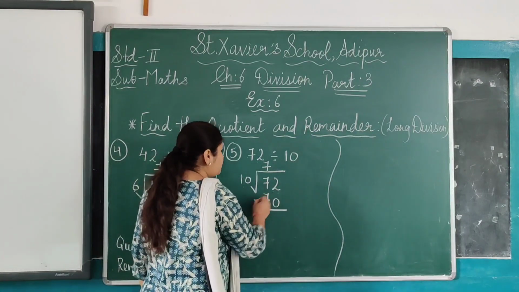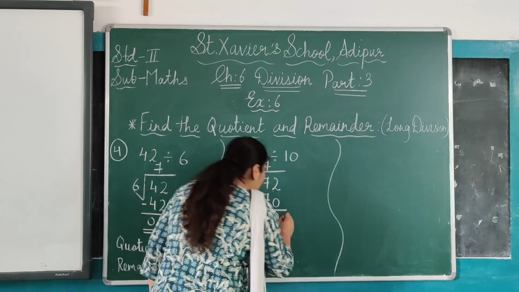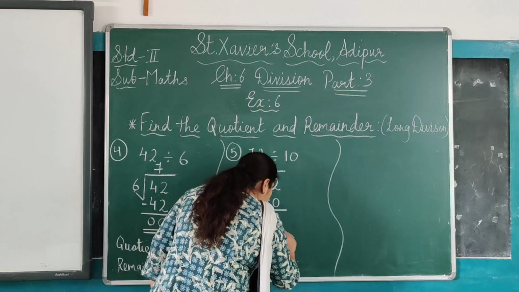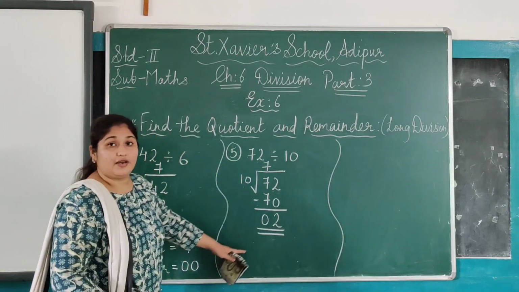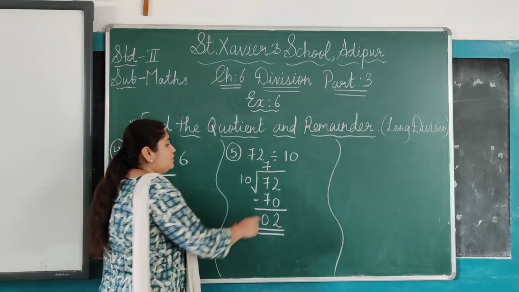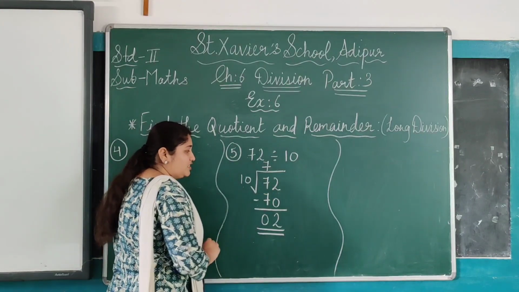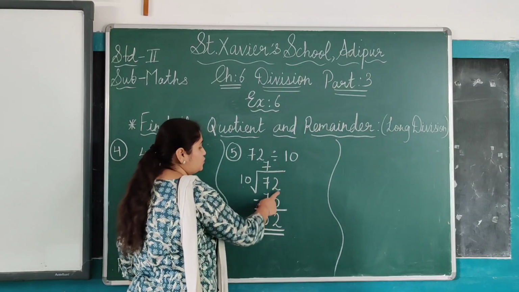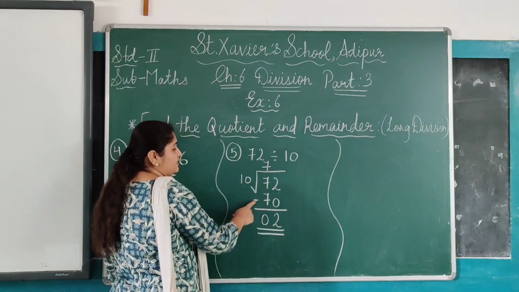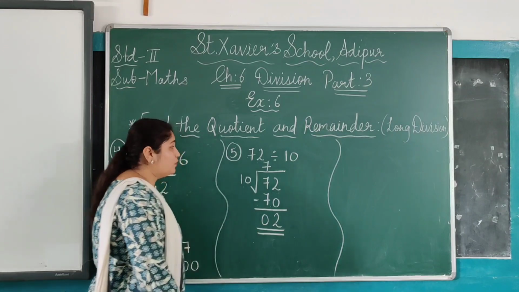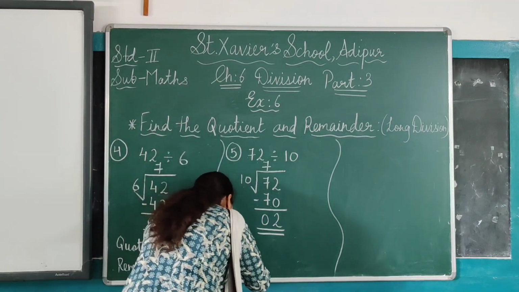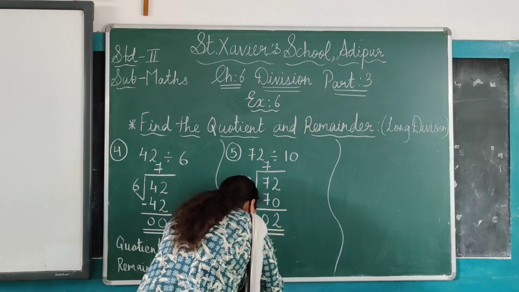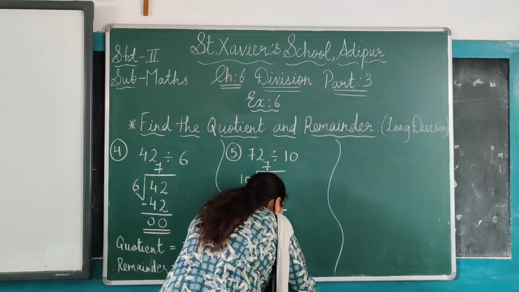Right? Now this 2 minus 0 is 2 and 7 minus 7 is 0. Okay? See, आपको ऐसे डबल डैश लगाना है. Okay, my dear students. So 10 के टेबल में 72 नहीं जाता, उससे छोटा नंबर लिया. So 10 sevens are 70. 2 minus 0 is 2 and 7 minus 7 is 0. Okay? So your quotient is 7, right?